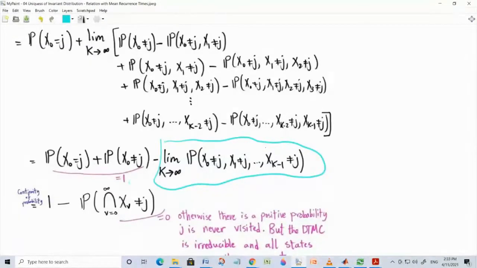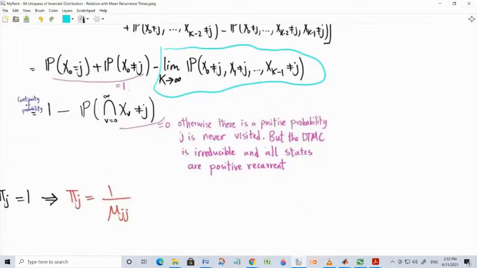So every state will be visited sooner or later, regardless of what we start in. Otherwise, the state is not recurrent. So recurrent means that it will always keep appearing. Okay, and so if j is never visited, it's either not positive recurrent, or it is not accessible from every other state.